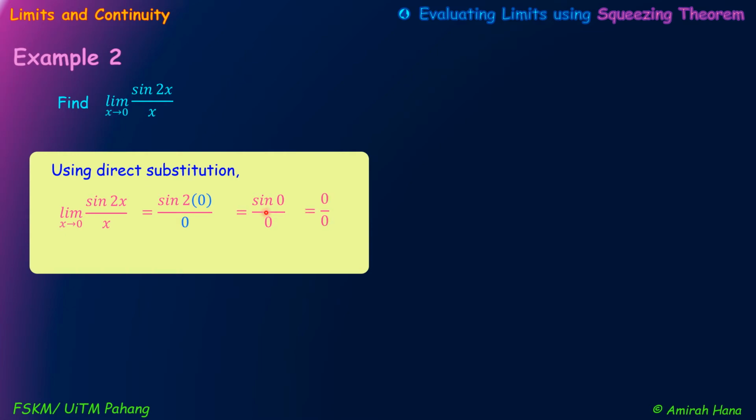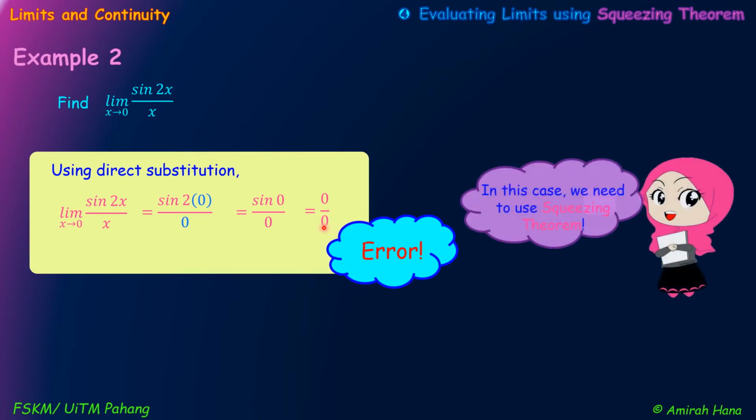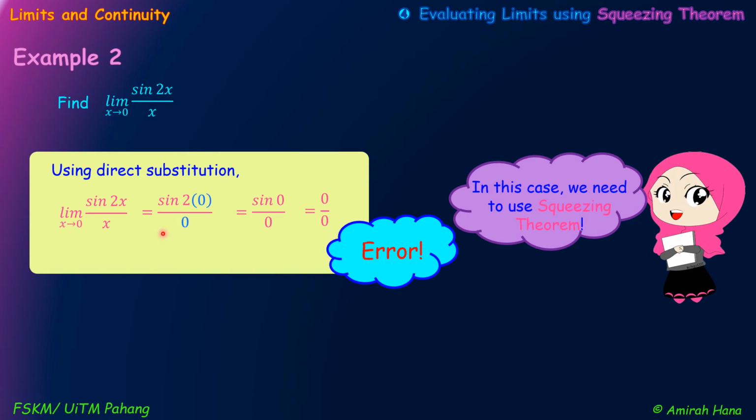Using a calculator, sin 0 equals 0, and then we have over 0 here. This is an error, because 0 over 0 is indeterminate. In this case, we need to use the squeezing theorem. We cannot use direct substitution.